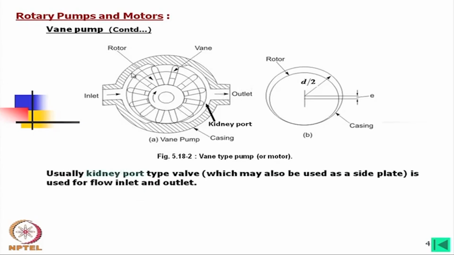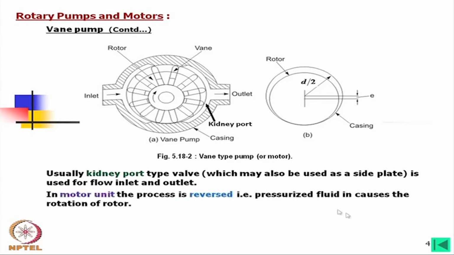Now, these ports which we have used here are simply the kidney type ports, we call it kidney port as it looks like a kidney. And for the motor unit, as I have told, this is the reverse process and the basic feature is the same. The only thing we have to be careful about is the direction of the vane.